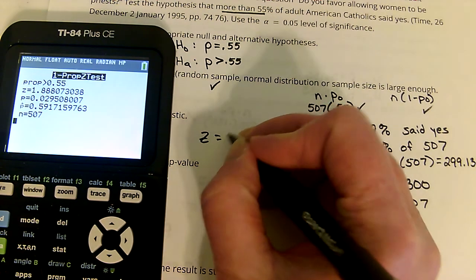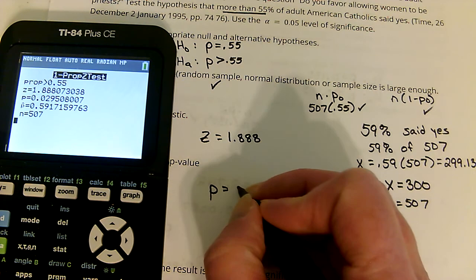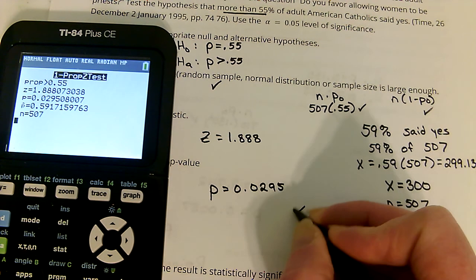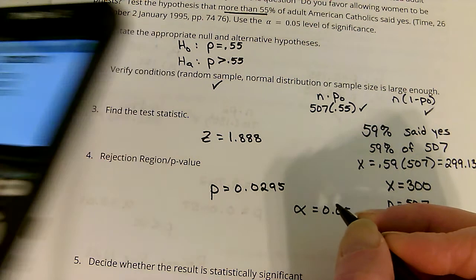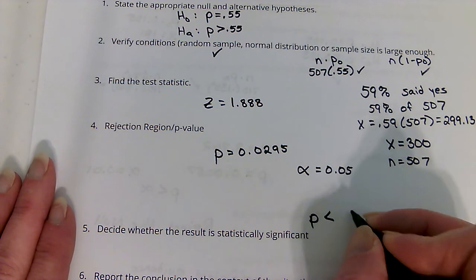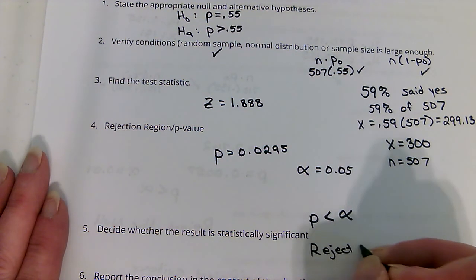Our z-score was 1.888, and p was 0.0295. And we're comparing that to an alpha of 0.05. Well, it's not much less, but p is still less than alpha. So we are going to reject the null.